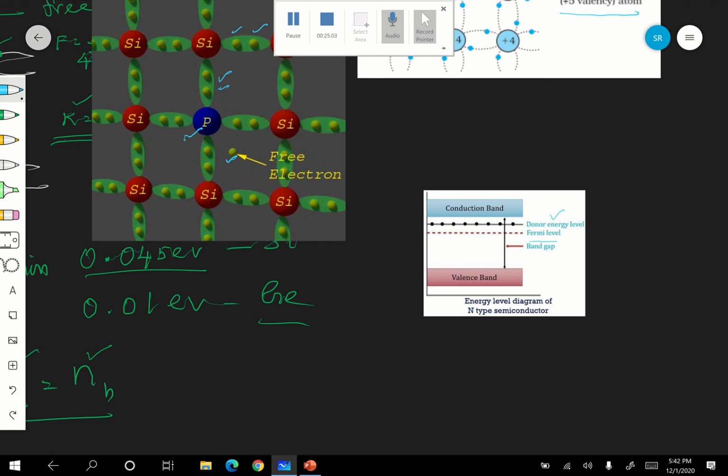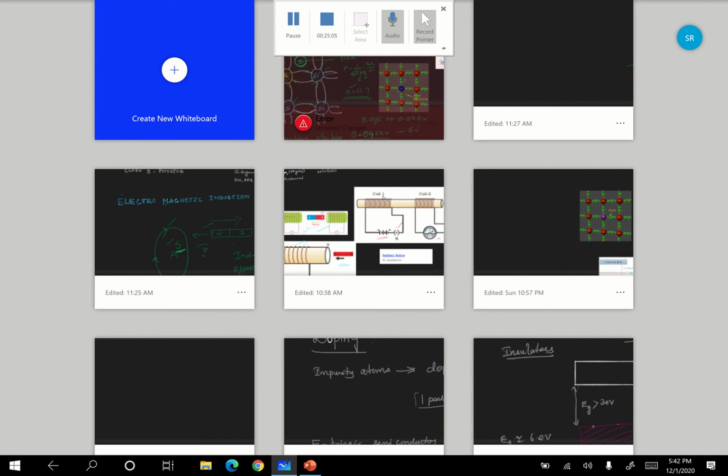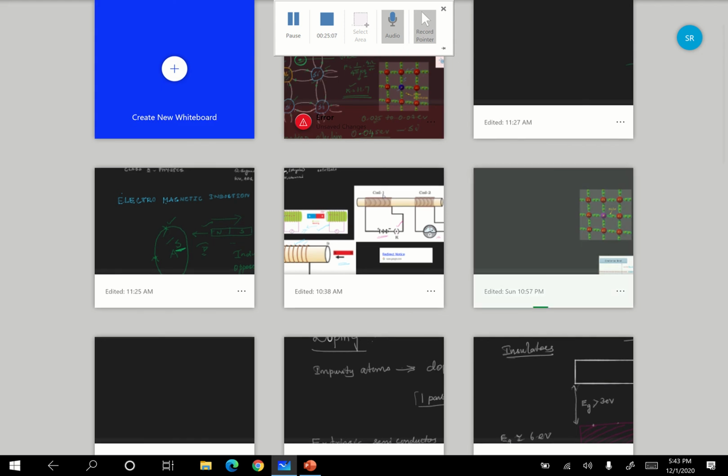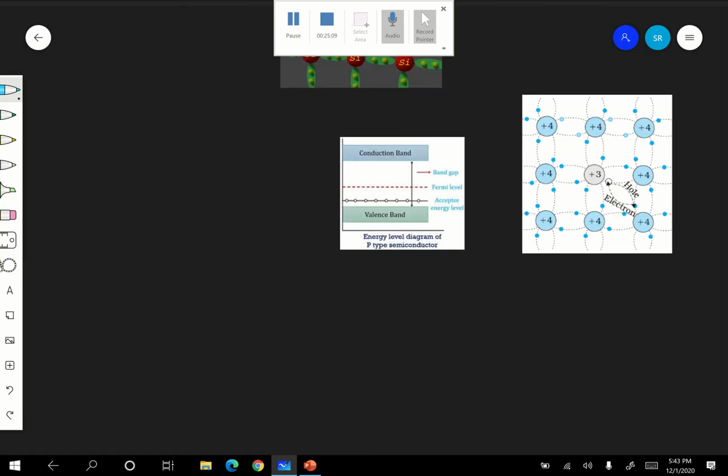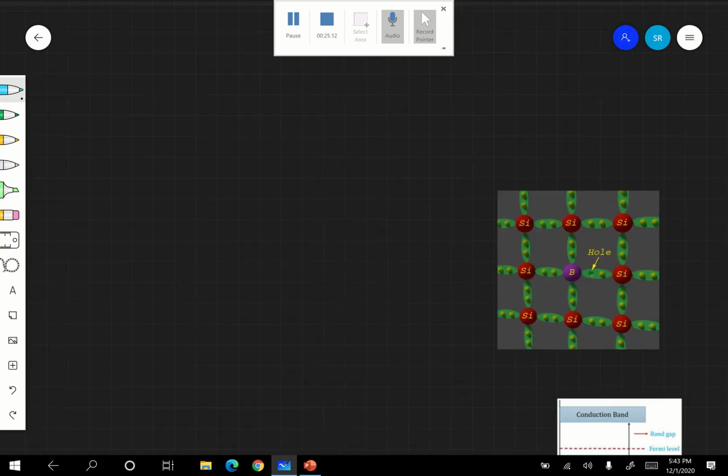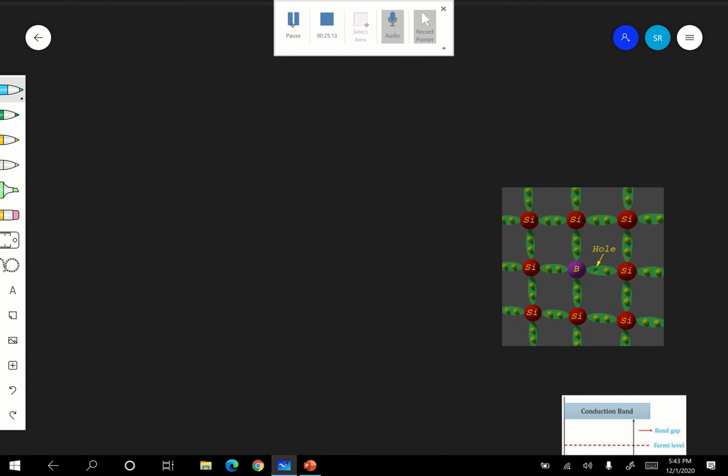Now let us go to the next one: the P-type semiconductor. In the case of P-type semiconductor, it depends upon the impurity you are adding. Now we are categorizing into N-type and P-type semiconductor. In the case of P-type semiconductor, a trivalent impurity is added to the pure semiconductor.